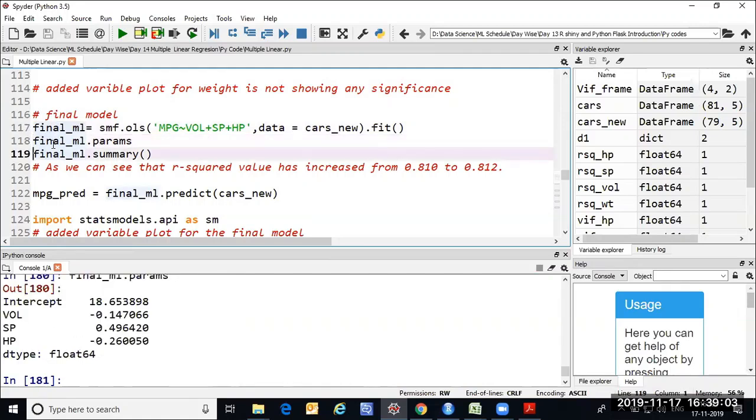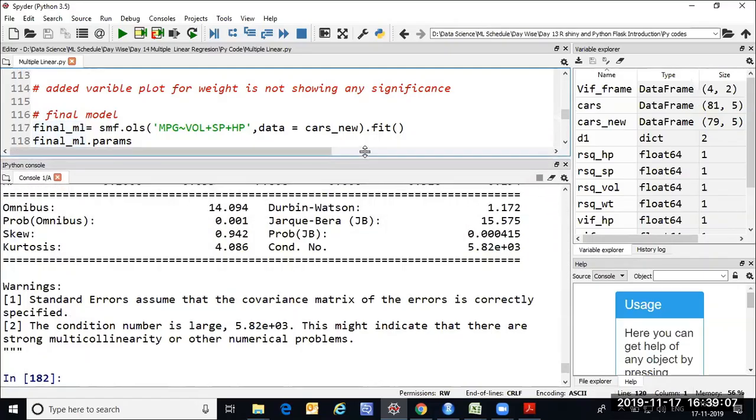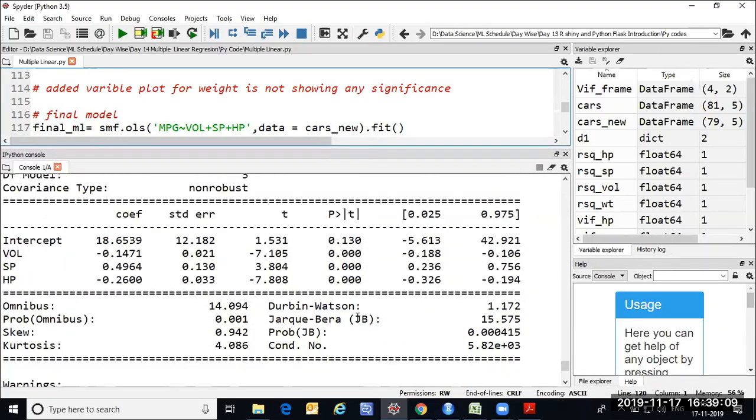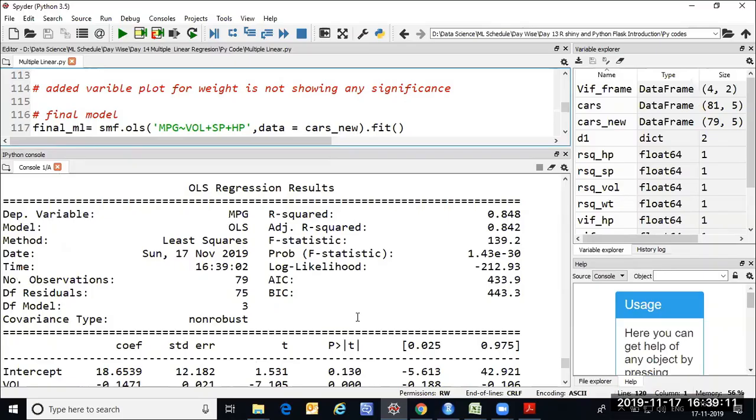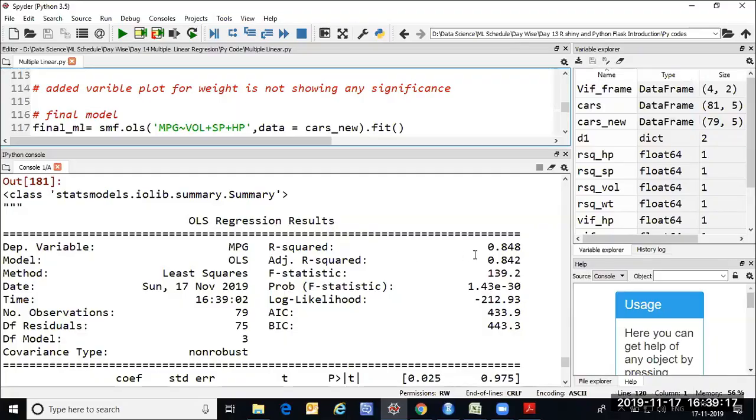The parameters, nothing but the coefficients, the overall summary of the model. All of them are significant. And the overall model's performance is 85. How did we get that? We were using, after removing the two highly influential observations.